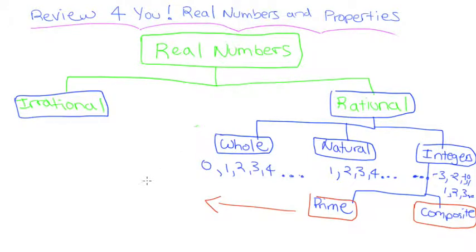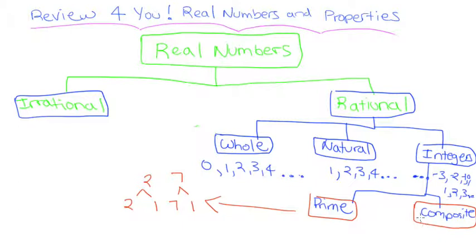For example, 2 would be a prime number because the only numbers that we can multiply to get 2 are 2 and 1. That fits the definition of prime, so it is a prime number. Also 7 is a prime number because the only factors are 7 and 1. That's what a prime number is.